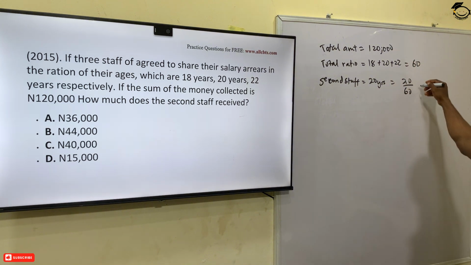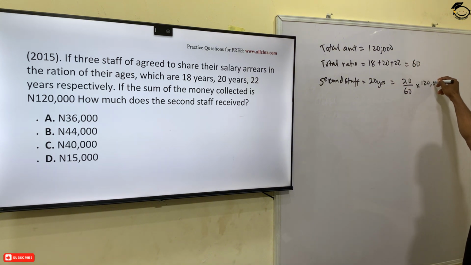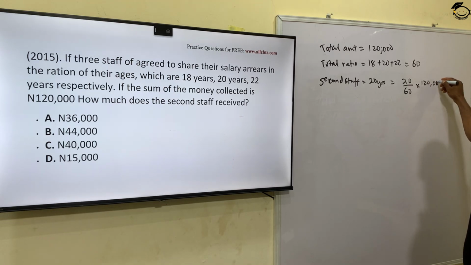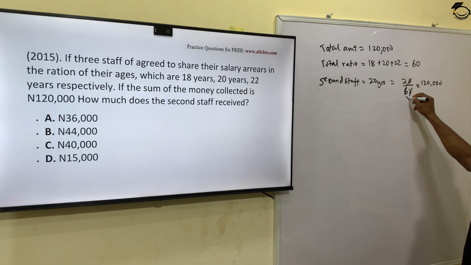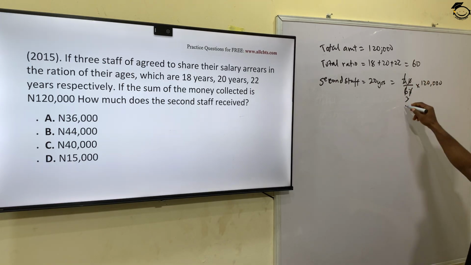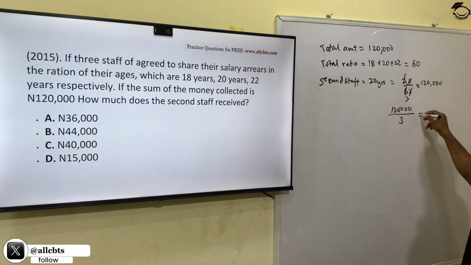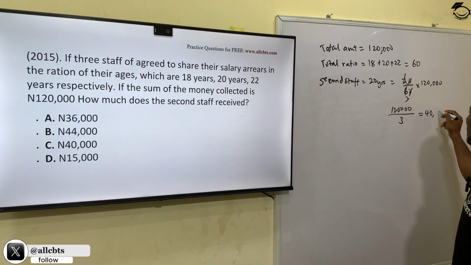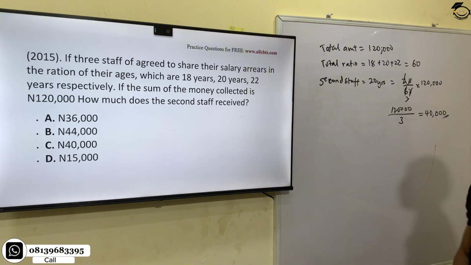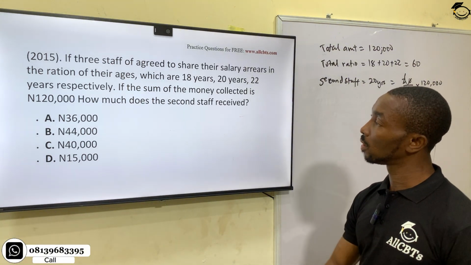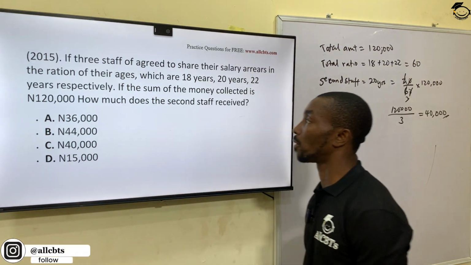So this will be 20 over 60 times 120,000. Three into 60, 1. So this gives us 120,000 divided by 3, which is 40,000. So the second staff collected 40,000 naira.